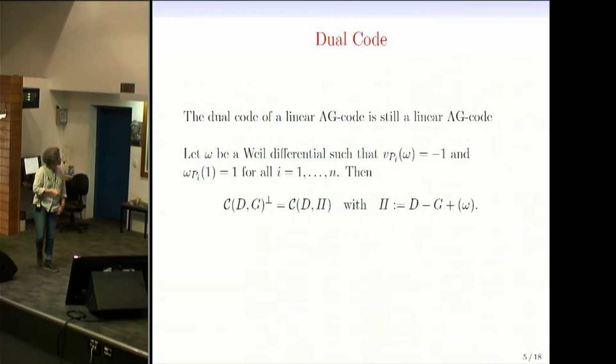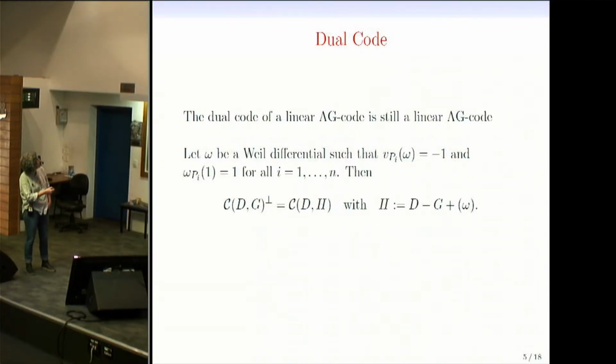What is good about AG codes is that the dual of an AG code is still an AG code. So I can really talk about LCD AG codes. You have an AG code, you take the dual, it's still an AG code. Theoretically, it's still an AG code.